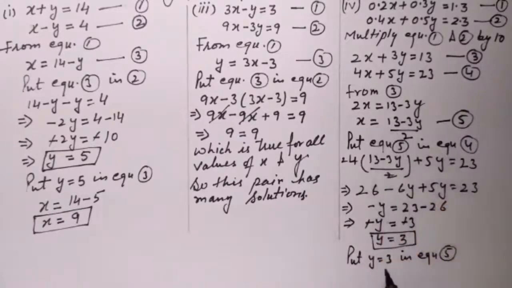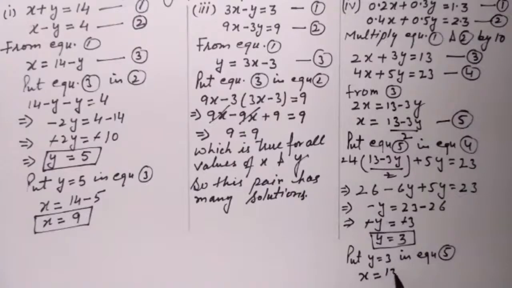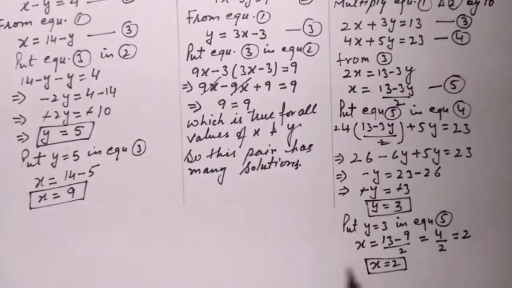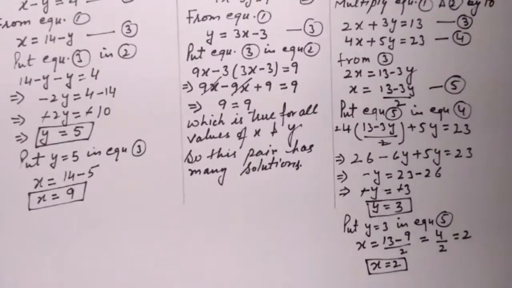So x is equal to 13 minus 3y, so 3 into 3 is 9, over 2. So it becomes 13 minus 9 is 4 over 2, that is 2, the answer. So x is equal to 2 and y is equal to 3 is the solution of this pair of linear equations.